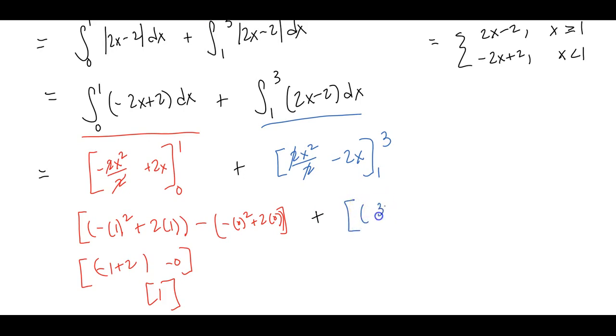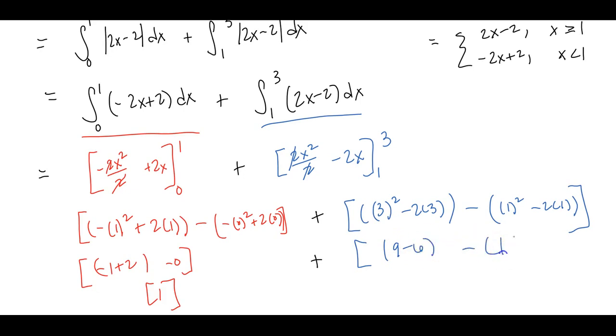So that will be 3 squared minus 2 times 3 minus 1 squared minus 2 times 1, or that's going to be 9 minus 6 minus 1 minus 2. And this one ends up being 4. So when I add these together, I actually get 5 as my answer.